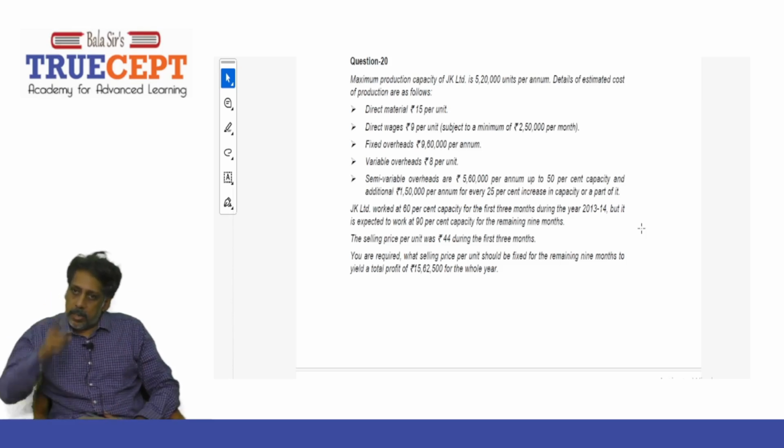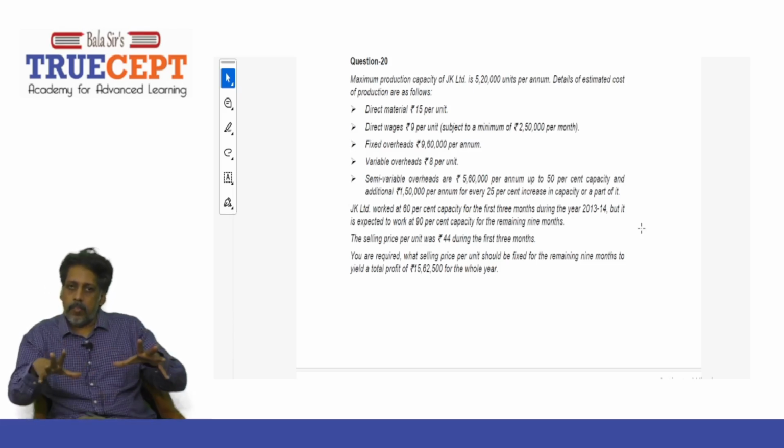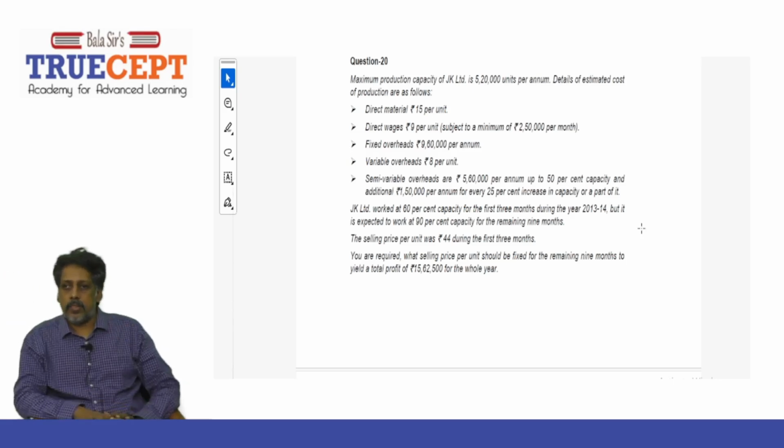In fact, a better description of this cost is step cost. Up to 50% capacity, it is a straight line, 5,60,000. Thereafter it increases by another 1,50,000, goes up and stays there for the next 25% capacity. Is that fine?